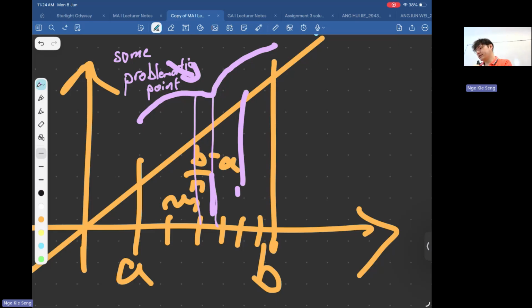Otherwise, sometimes this problematic point could influence how you compute L(f,P) and U(f,P). Then you can make your endpoint here instead of making your subpartition like that. Maybe this point could shoot out to infinity.